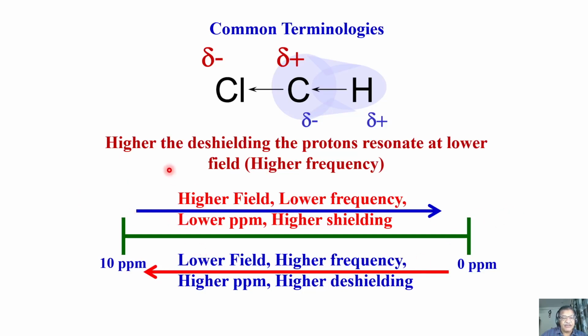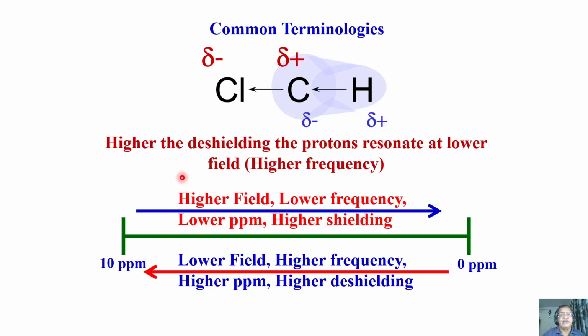So remember, if a peak is coming somewhere near 10 ppm, we say the peak is coming at the lower field, or it is resonating at higher frequency compared to a peak which is coming here. Or I would say a peak here is at higher ppm than the peak here, which is at 1 or 2 ppm, which is much lower. The value is lower here in ppm. Similarly, if I say a peak is here, this is more shielded than the peak here, so this peak is less shielded.